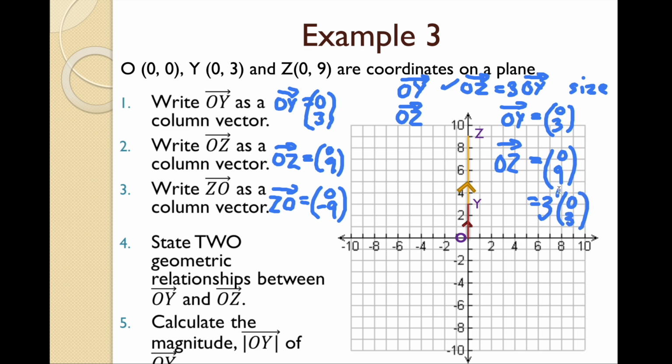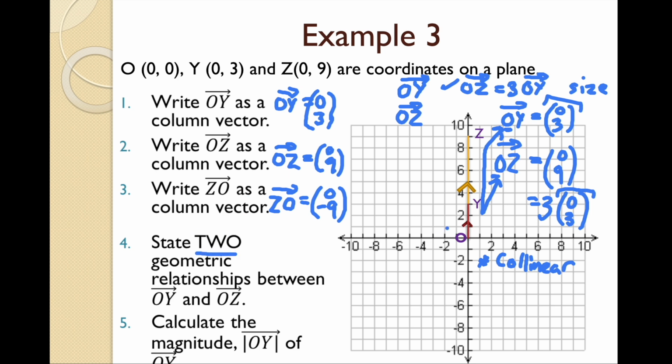So this part here I know is the same. So because this is the same, I know, okay, this is just a scalar multiple of this. But the good thing is they share what? Common point O, right? Which is this. So we can say they are collinear, right? Does that make sense? So one is 3 times the size of the next, and the other one, they're collinear. So that's our 2 geometric relationships.